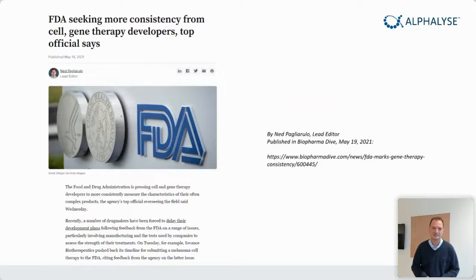It says the FDA is pressing cell and gene therapy developers to more consistently measure the characteristics of their complex products. And it says that several products have been delayed by FDA to improve consistency and improve the test methods used by these companies. So this is the topic we want to address.